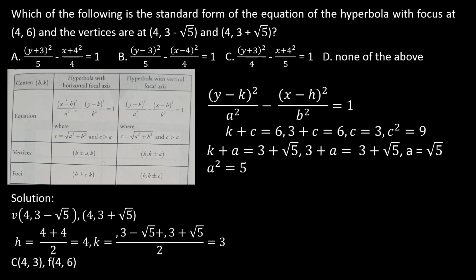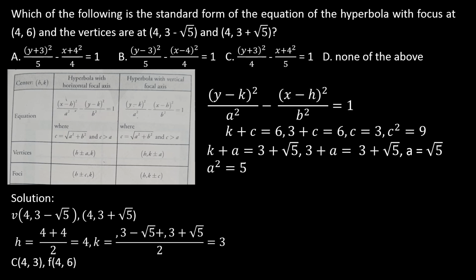Then from the vertex, we have k plus or minus a as the formula for the vertices, equivalent to 3 plus square root of 5. The value of k is 3, so 3 plus a is equal to 3 plus square root of 5. Subtracting 3, the remaining quantity on the right-hand side is square root of 5. Then a squared is equal to 5.